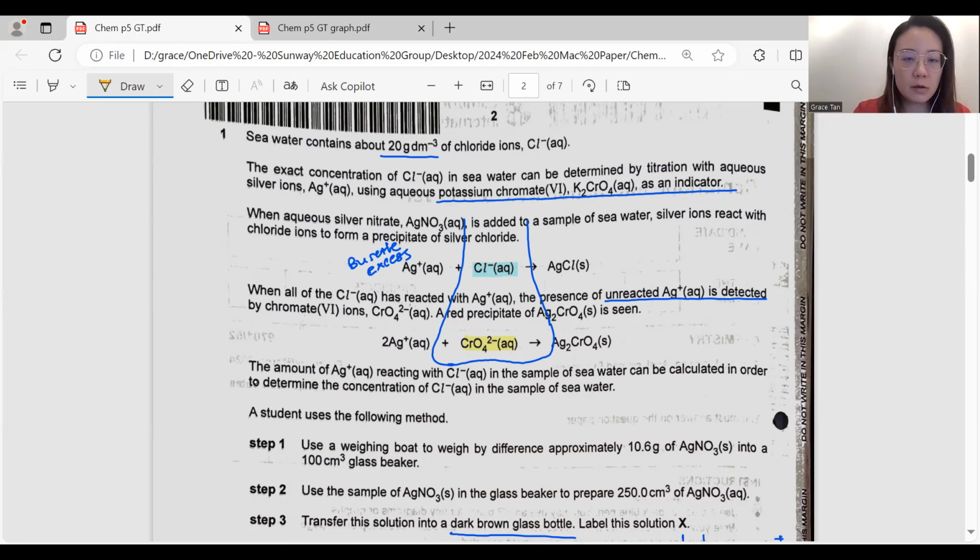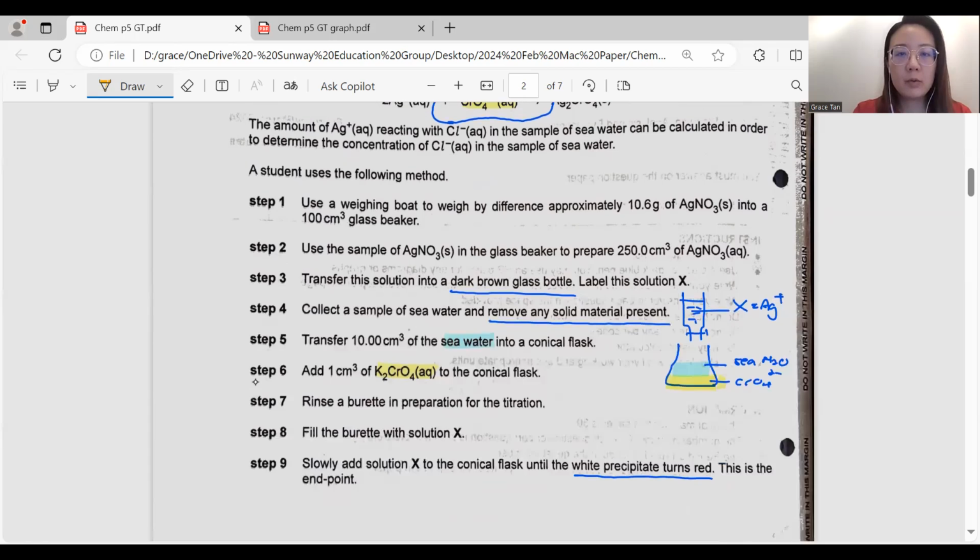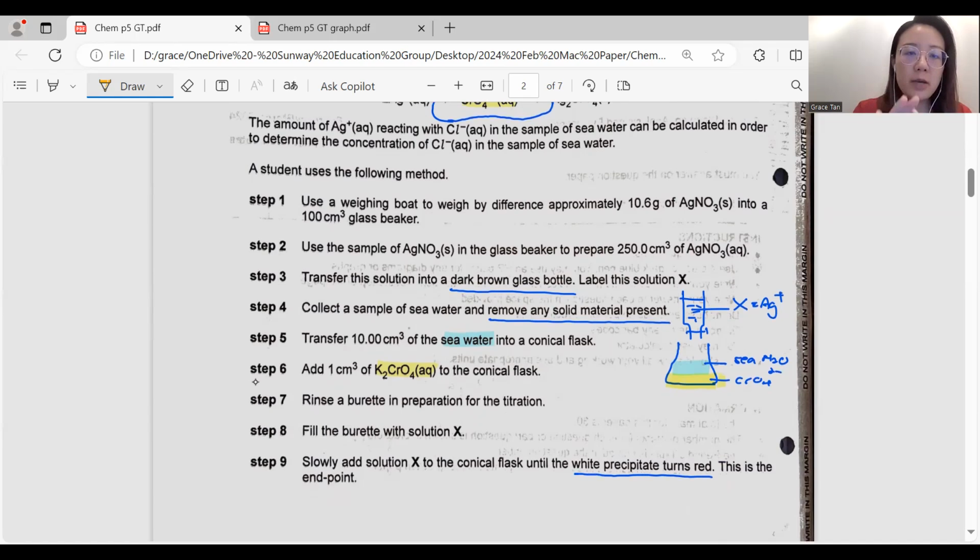So a student uses the following method. Number 1, use a weighing boat to weigh by difference approximately 10.6 grams of silver nitrate solid into a 100 centimeter cube glass beaker. Initially, you weigh in the weighing boat. After that, you need to transfer to a 100 centimeter cube beaker. 2, use the sample of silver nitrate to prepare a 250 solution of the silver nitrate.